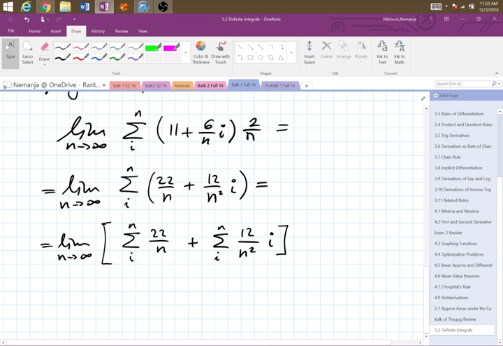Now, the rules of summations are also something that you haven't dealt with before.